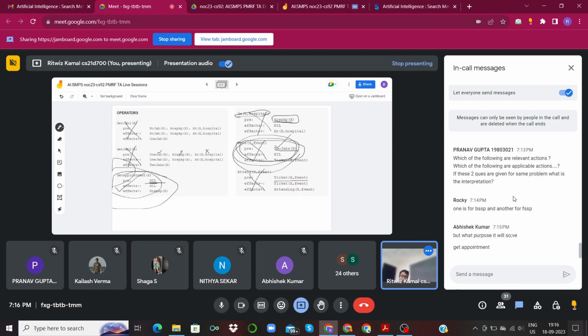And if you're asking specifically about the effect of get appointment, that will simply be X getting an appointment to the hospital, which is the positive effect of that operator. Does that address your query, Abhishek?